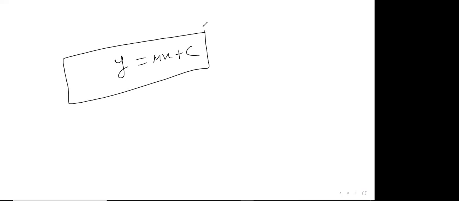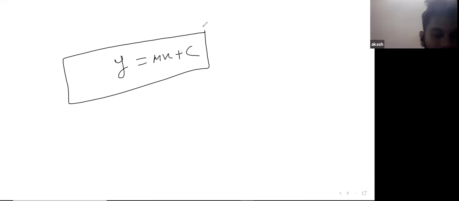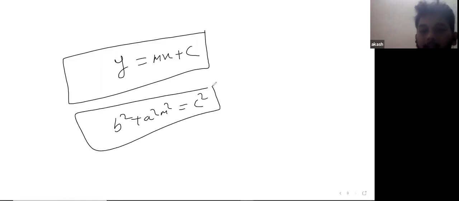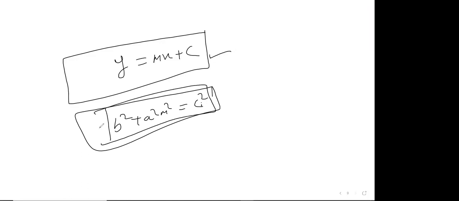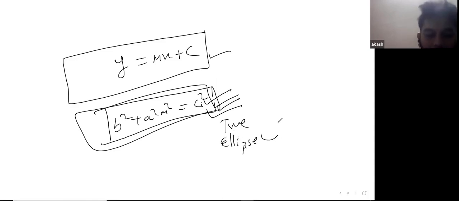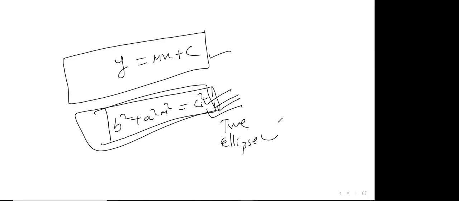They are saying that in page number 30, show that the condition for y equals to mx plus c to be a tangent to the ellipse is b square plus a square m square equals to c square. The value of c can be found out like this. For any tangent, this is true for ellipse. They are asking you to prove this. That's all.